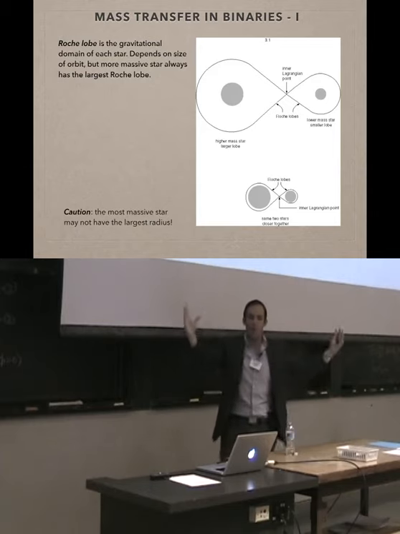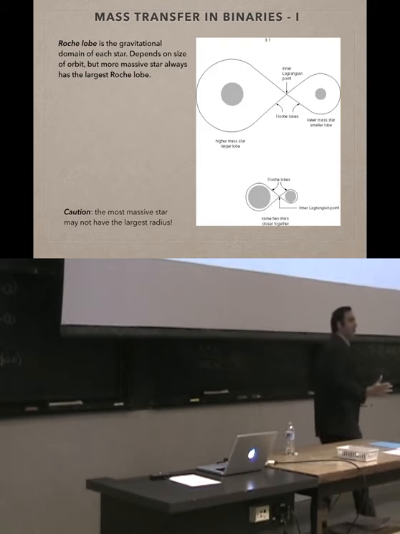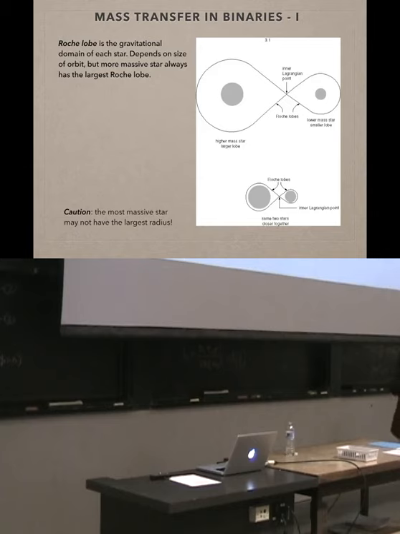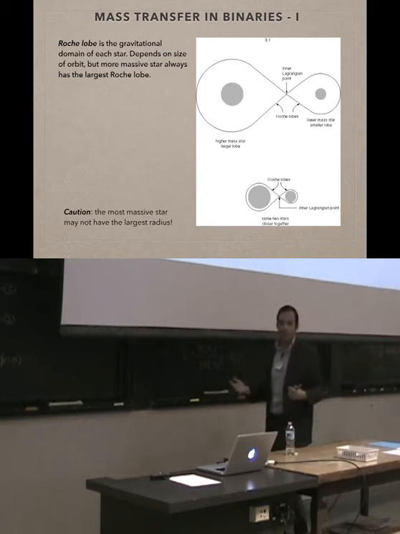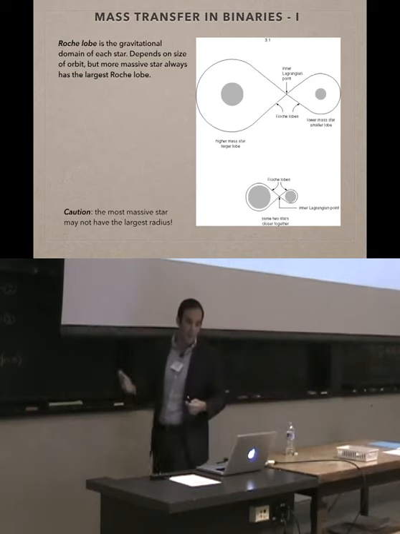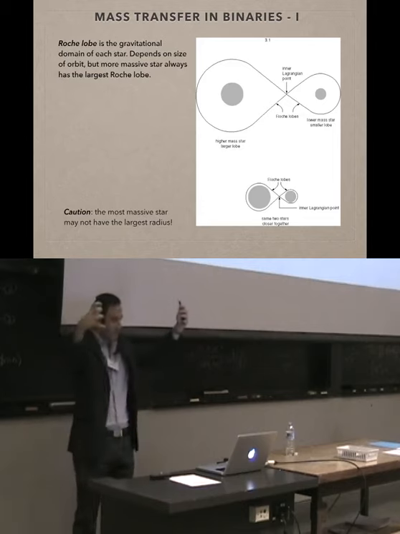You can imagine the Roche lobes as invisible boundaries around the star, which basically outline the region within which the star exerts gravitational pull. So it's the area of gravitational influence of the star. And the size of this area, of this Roche lobe, is different according to the mass of the star and the size of the orbit, how far apart the binary stellar system is.